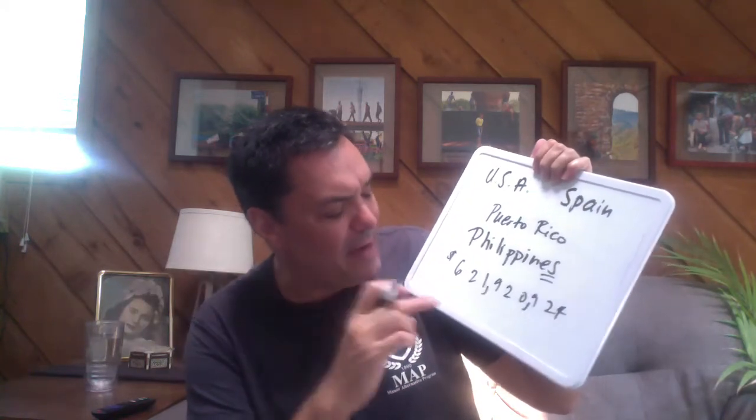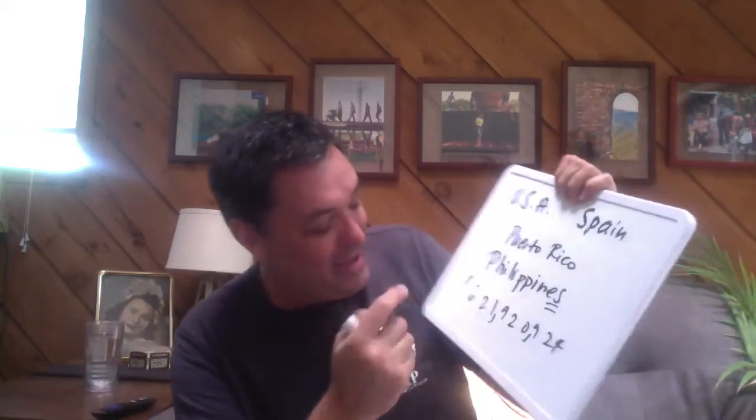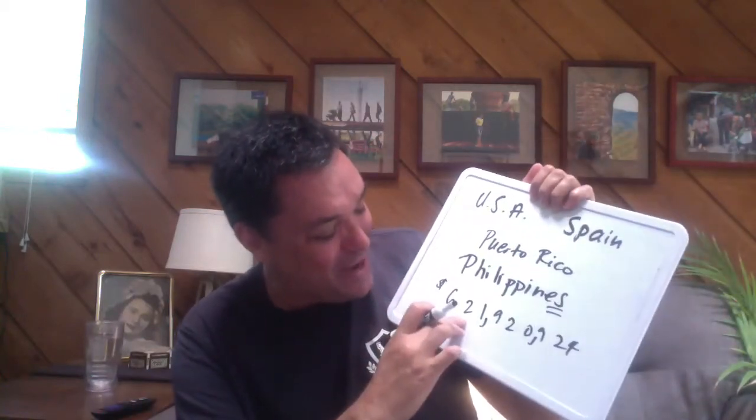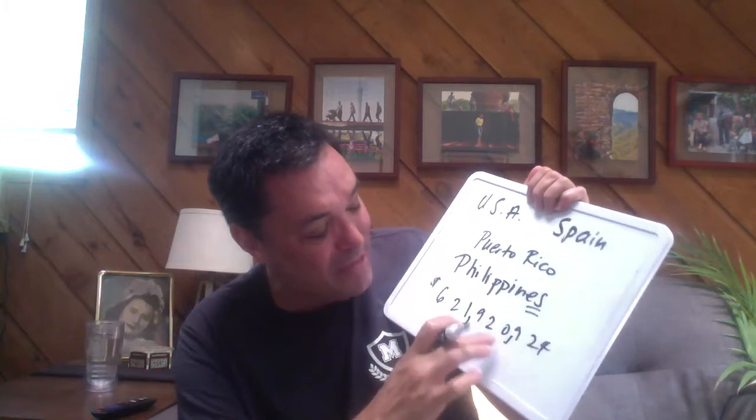We need Miss Ivanek here. So $20 million in 1898 is the equivalent of $621 million today. All right.